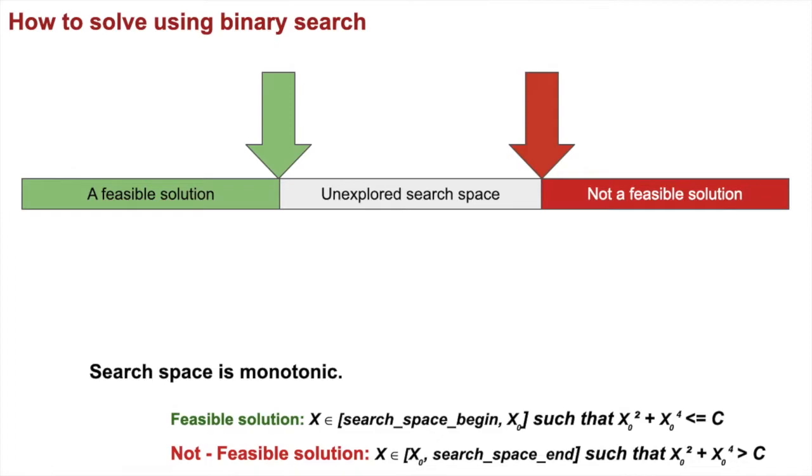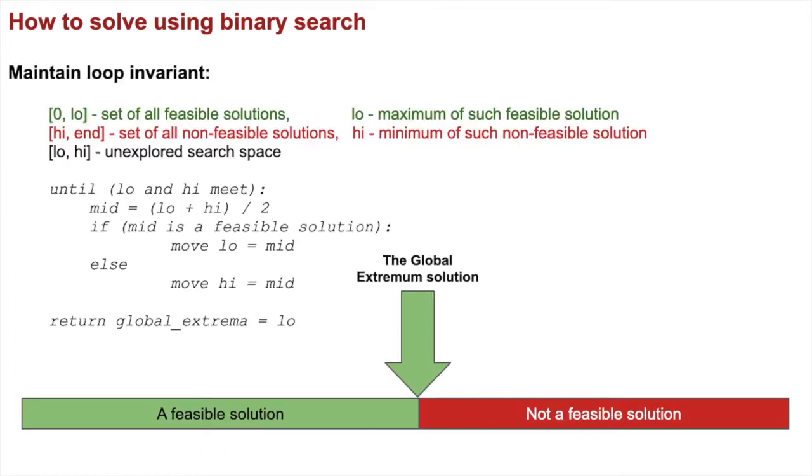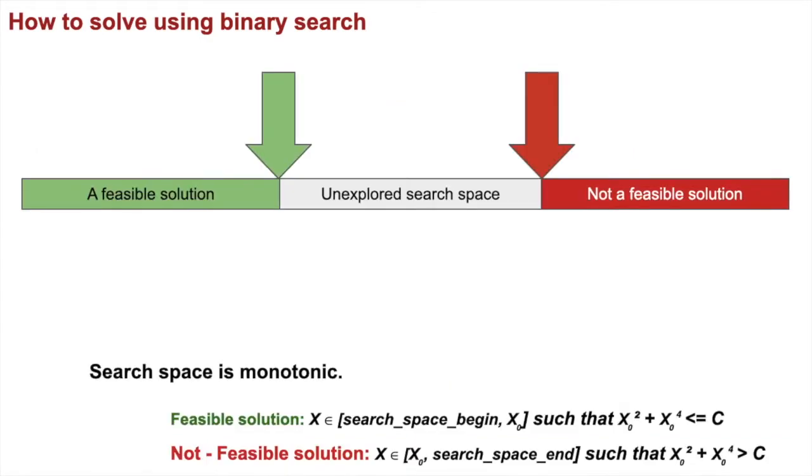So the next step is to maintain a loop invariant. Loop invariant means that for each iteration we maintain two pointers, low and high. The range 0 to low maintains the set of all feasible solutions, that is the green zone you can see here. And low to high is the unexplored search space.